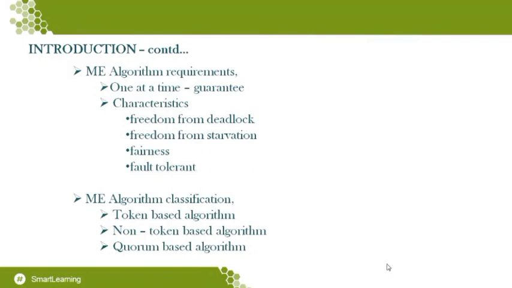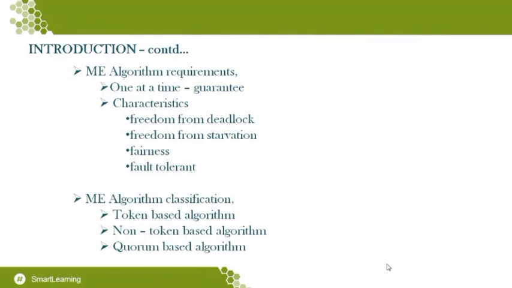Along with that, we have some other requirements. The algorithm should provide freedom from deadlock. You all know that a deadlock is a condition wherein you will not be able to proceed further. All the processes will think that the others will complete so that they can run to completion, and every process will wait for something to happen, and that something will never happen.